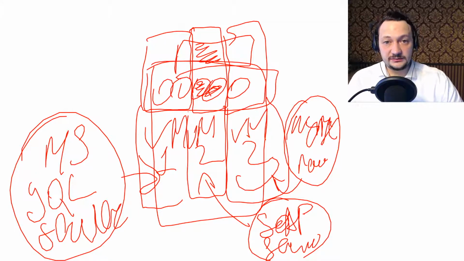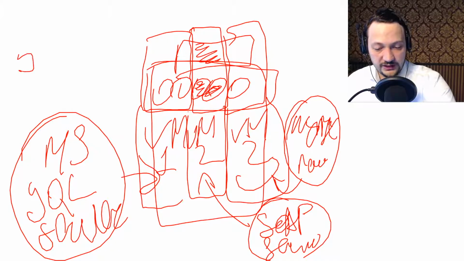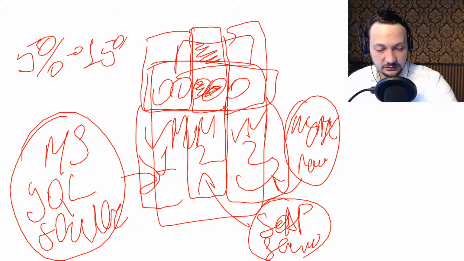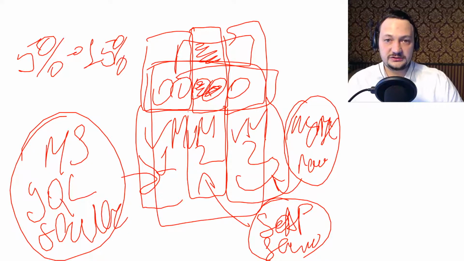What does this mean? That means that the utilization of our machine just rose from about 5% to about 15%. That's 3 times more effective, because right now our server can handle 3 applications simultaneously.